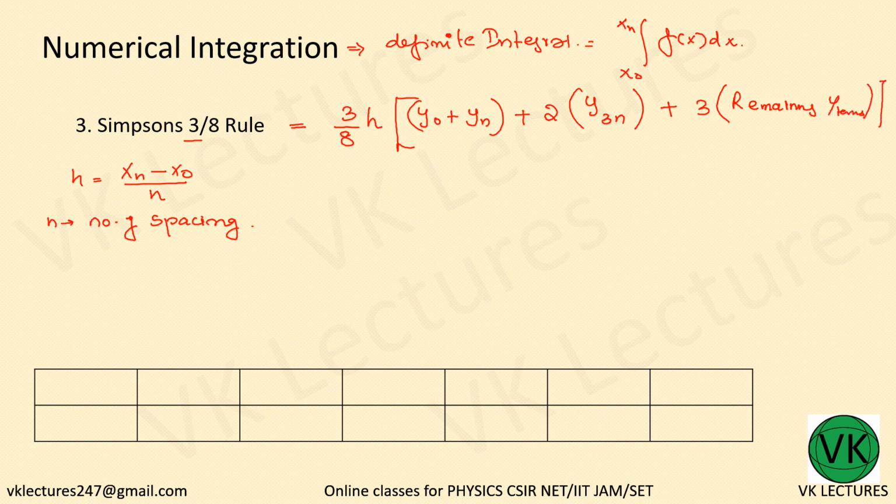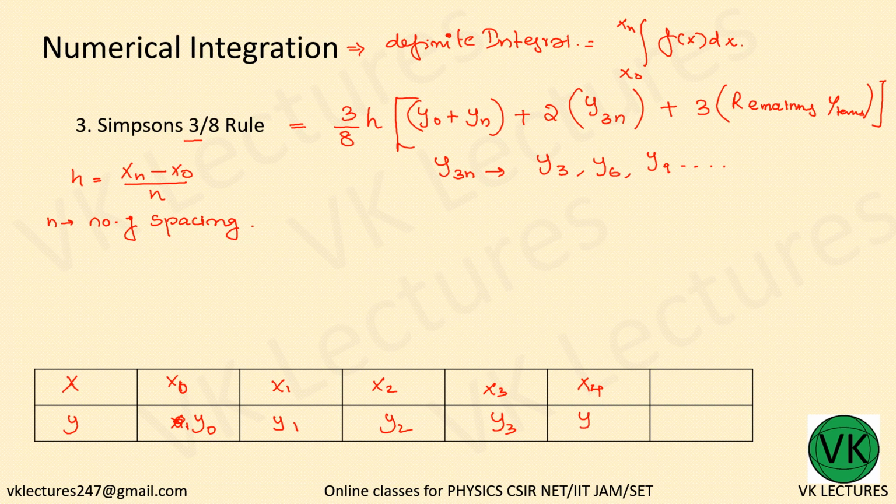Now what is y3n? y3n is y3, y6, y9, etc. Now for example, if we have x and the corresponding values of f of x, that is y: x0, y0, x1, y1, x2, y2, x3, y3, x4, y4, and x5, y5.